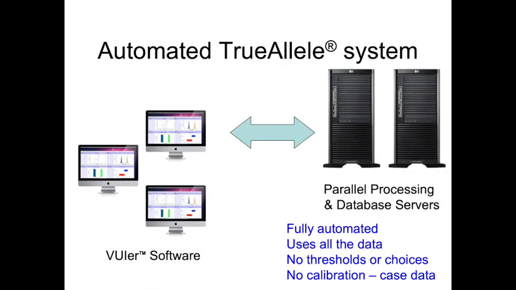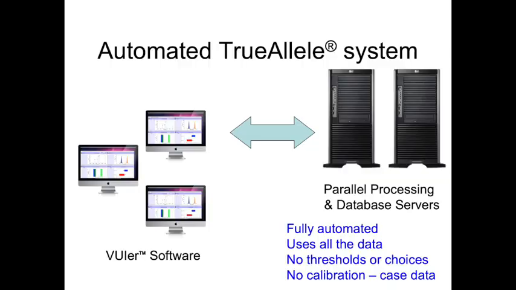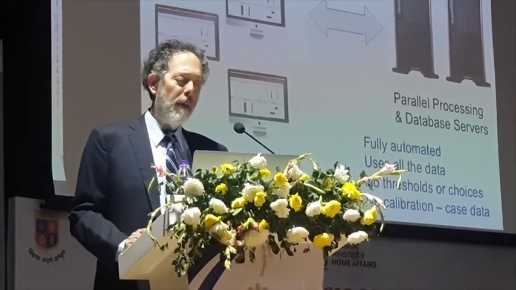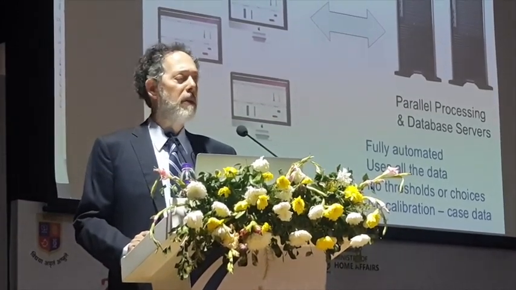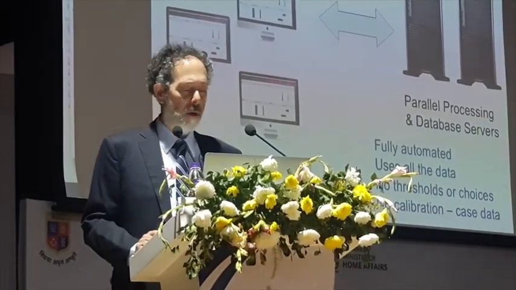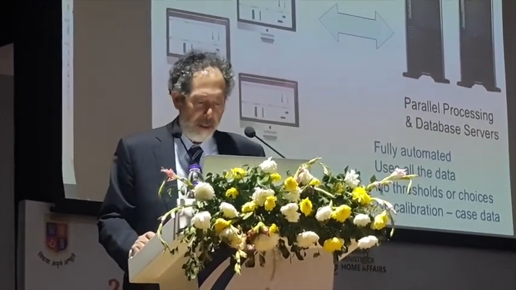So TrueAllele was the first such system ever created, and I think the only one for over 10 years. We innovated the notion of how you have no human intervention. It's fully automated. There are no thresholds. No calibration is needed because using Bayesian computing, the TrueAllele system reaches into the data and uses the data to work out parameters like stutter or variation of the DNA.